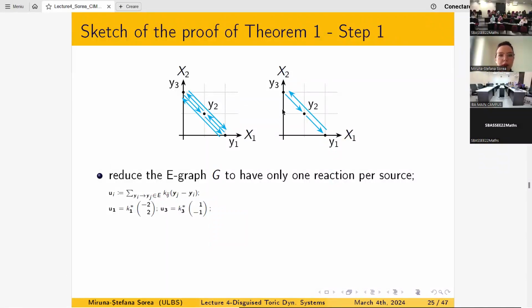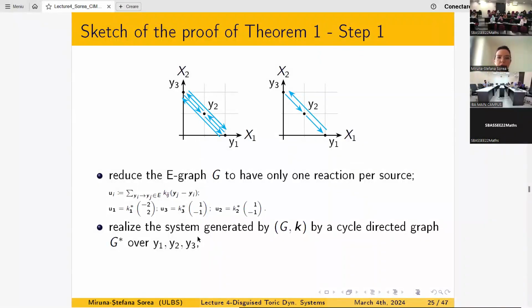Let's say there is this proportional factor k1 star times this vector, -2. And for u3, again, we know that it is a multiple of 1, -1. Let's introduce this new rate, this coefficient k3 star.